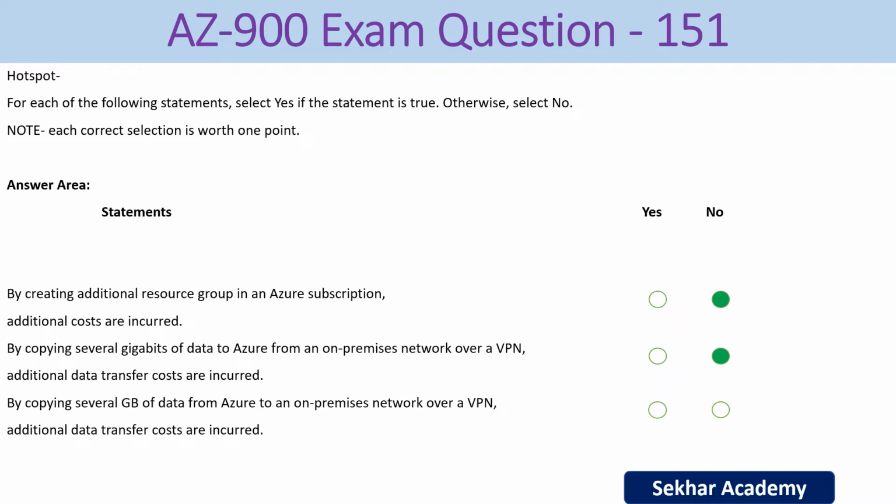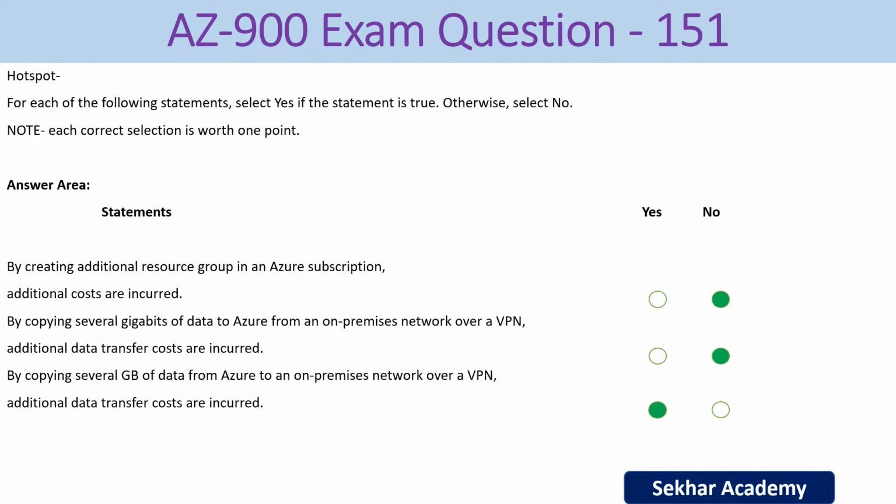Answer is no. And next one, by copying several GB of data from Azure to an on-premises network over a VPN, additional data transfer costs are incurred. The right answer is yes, right? So if you're copying the data from Azure to the on-premises network, definitely there will be additional data transfer costs incurred.